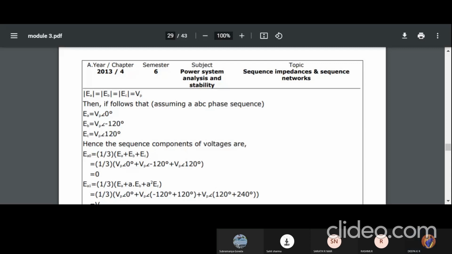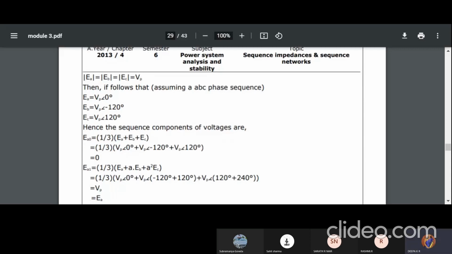Guys, can you tell me what the answer is? I'm not getting any response at all. Sharath, Sahil, Rashmi, Subramani. Ma'am, minus 360 plus 360 is also cancelled, no ma'am? How will you cancel, pa?